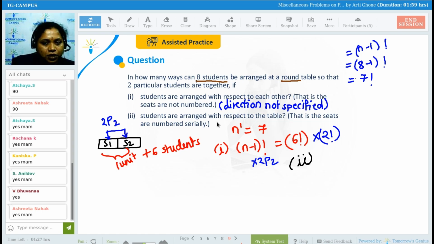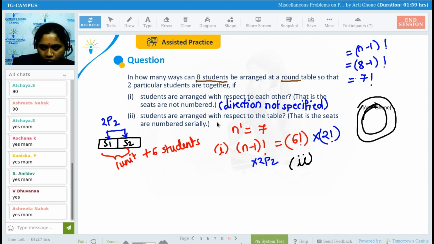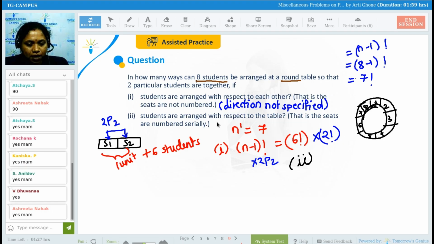See, the students are arranged with respect to the table. Now, what kind of table is that? I am just making a table and assigning them the positions 1, 2, 3, 4, 5, 6, 7. We have 8 students. Yes or no? 8 seat numbers, because the seats are numbered serially.